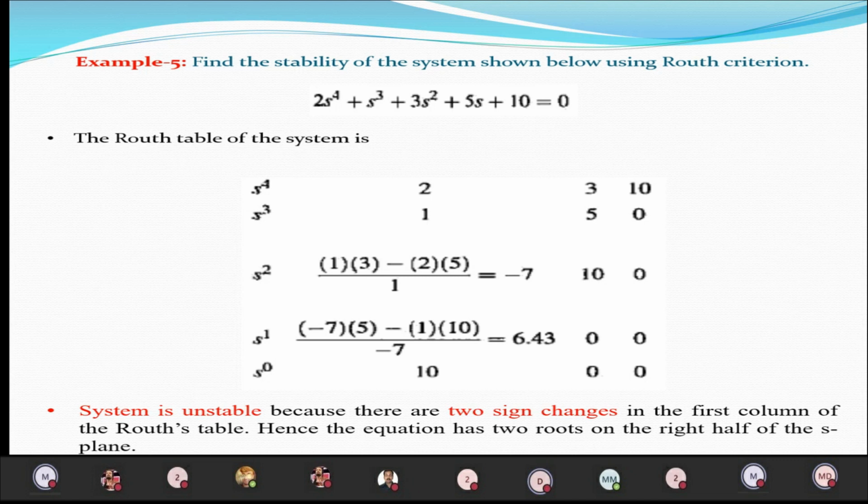Okay, so you should not be afraid of the equation by looking at it. In the similar previous problems or equations, s power 4 doesn't have any coefficient, but here it does. So you should not get confused. Just follow the procedure and determine the stability of the system.